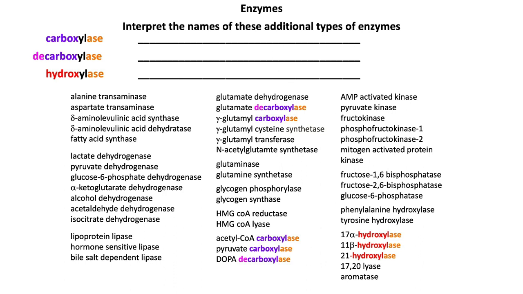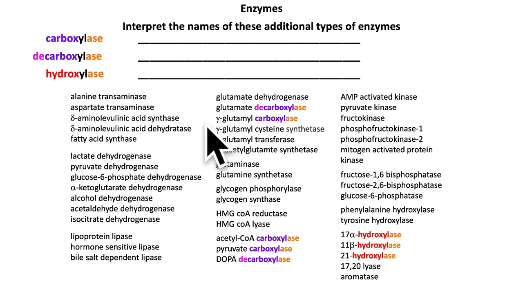decarboxylases, and hydroxylases. Can you interpret those names to tell me what they do? And again, I think it's going to be fairly simple. As I mentioned earlier, we have the subject or object, which might be glutamate, and we have the verb or the activity, decarboxylase.